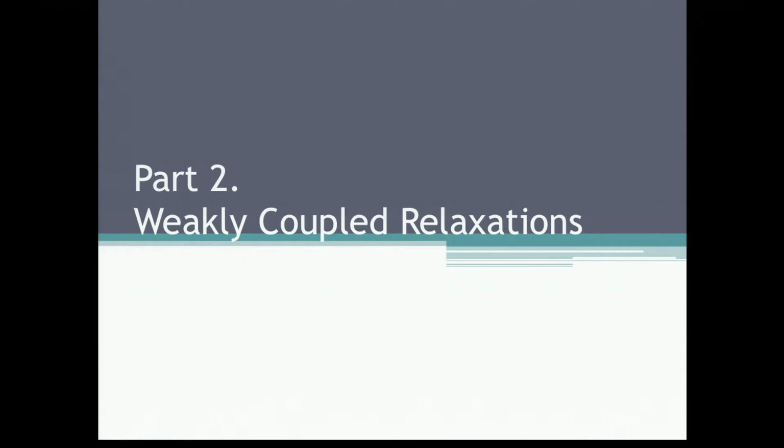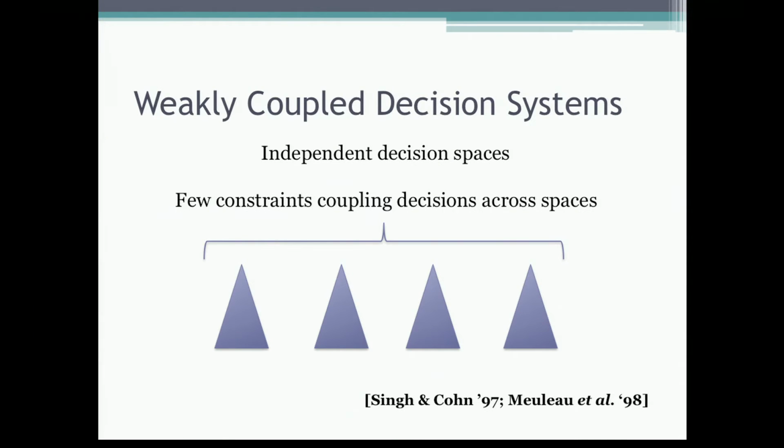Okay, so in part 2, I'll generalize what we did. What were the key things we needed in doing this kind of analysis, and can we do it for more problems? The feature of this maximum value problem is what is known as a weakly coupled decision system, and this terminology is from operations research.